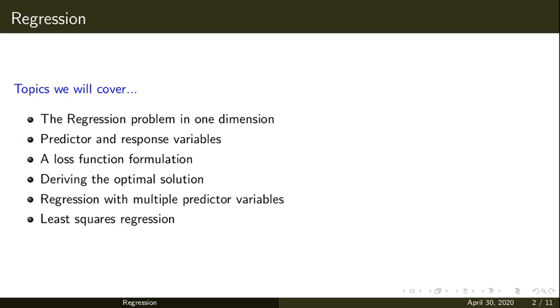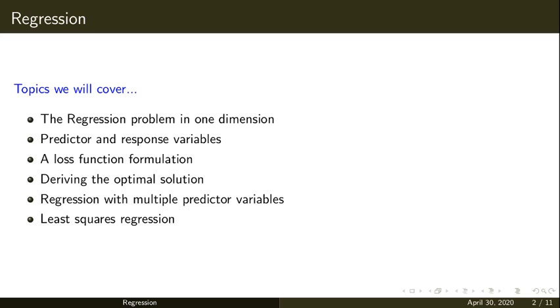Then we'll see how we can convert this problem into an optimization problem by properly defining a loss function. Then we'll find out how we can come up with an optimal solution to this minimization problem.